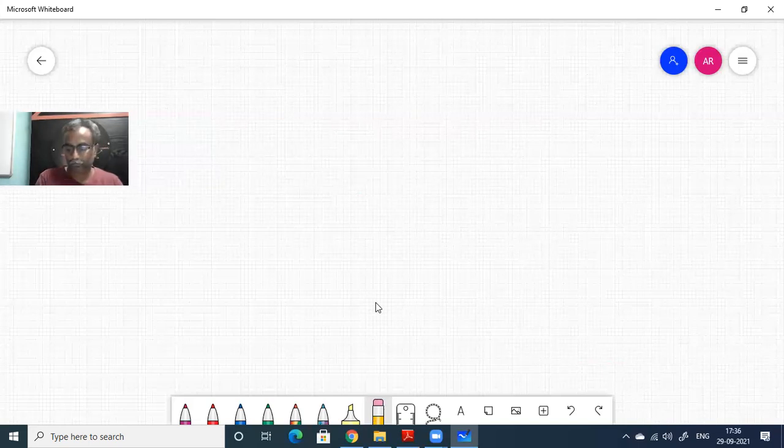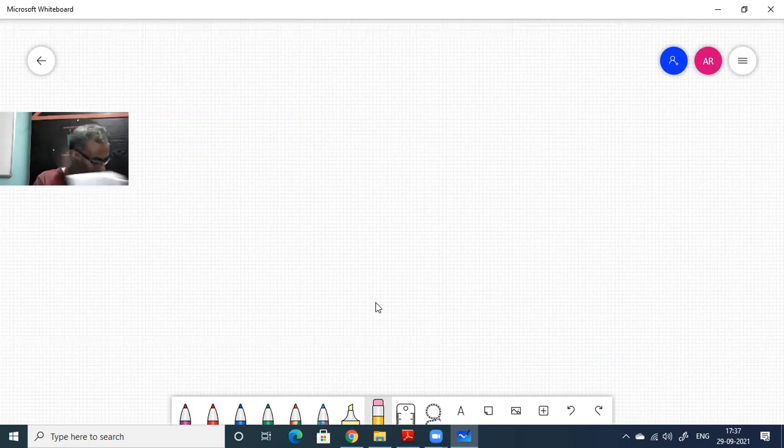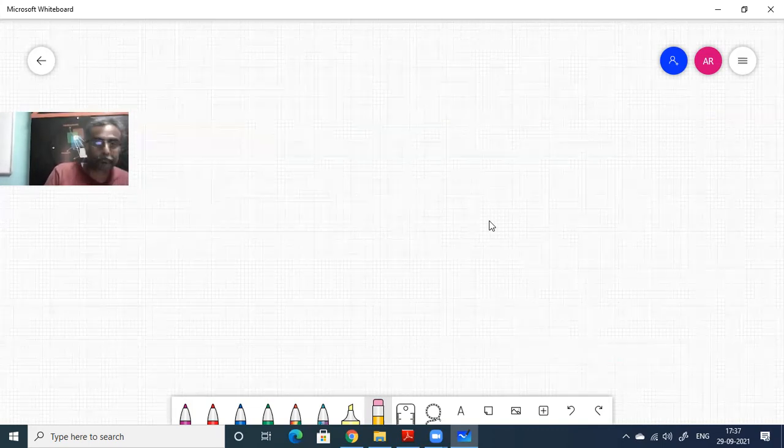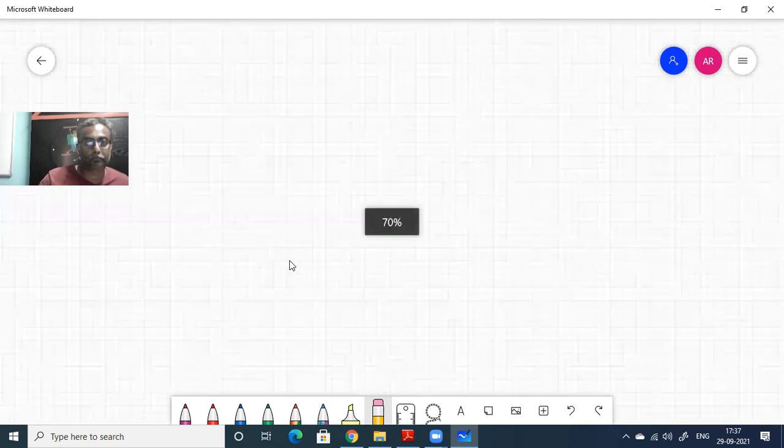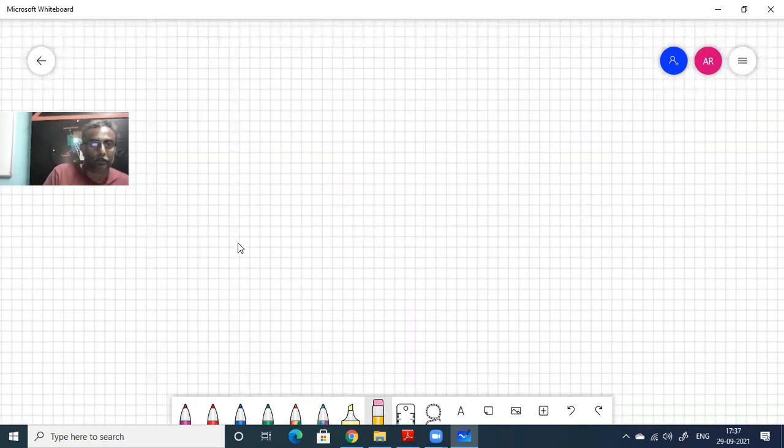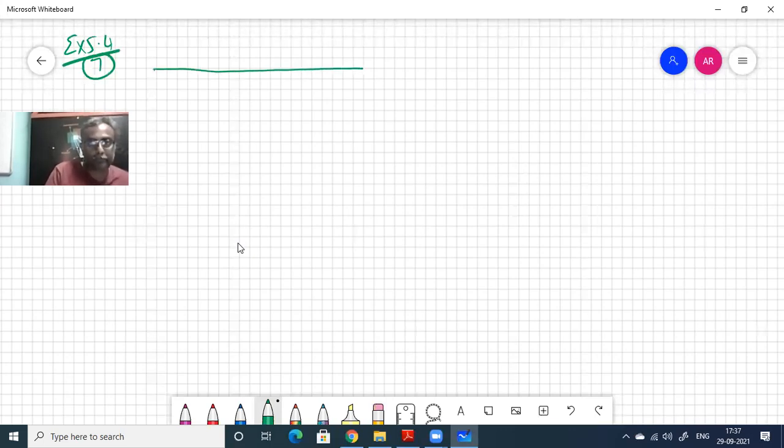Sum number 7. Sum number 7 is saying a line segment AB is increased along its length by 25%, producing it to C on the side of B. This is exercise 5.4, sum 7.